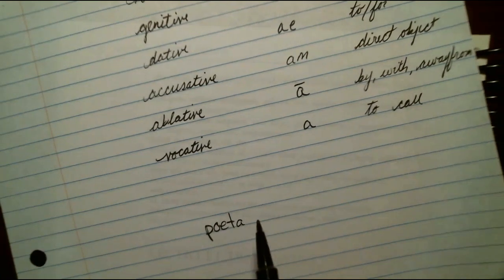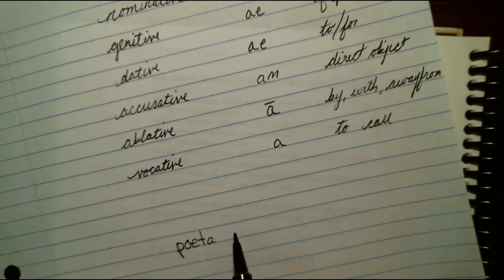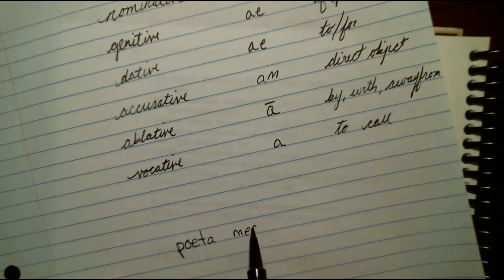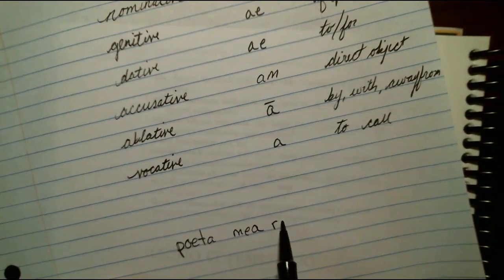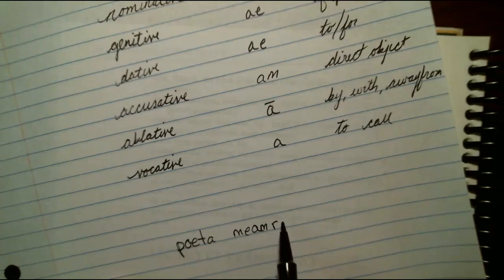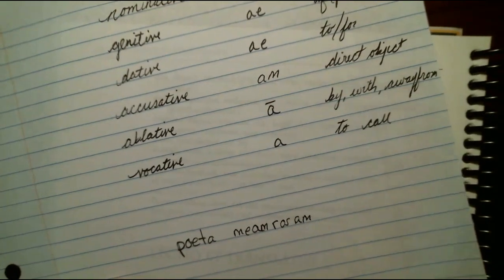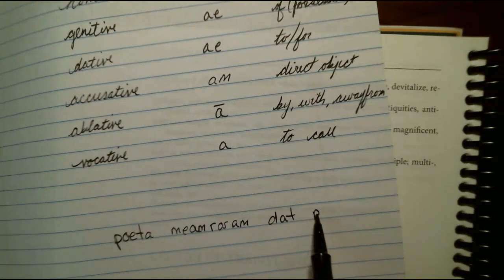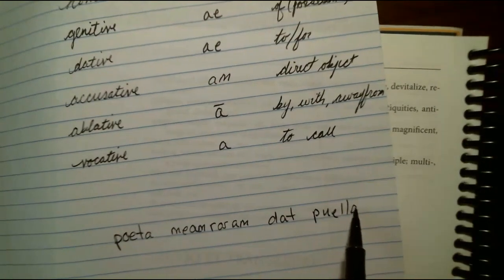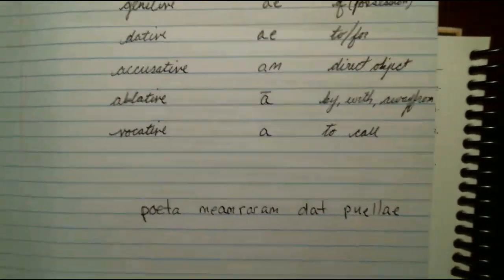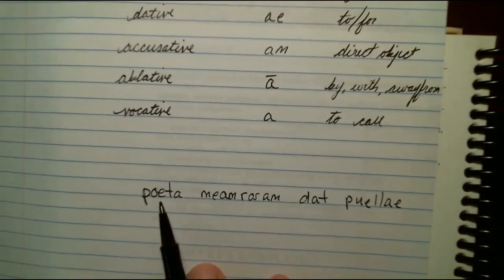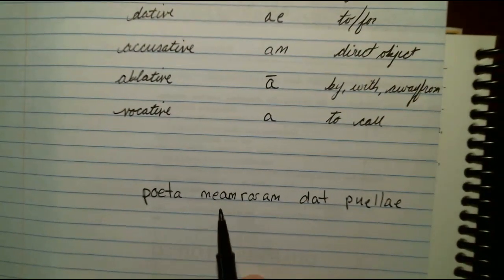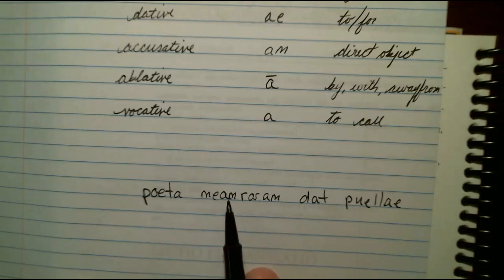So you could say poeta meam rosam dat puellae. Okay, so that means the poet gives my rose to the girl, with my rose accusative, singular, feminine.